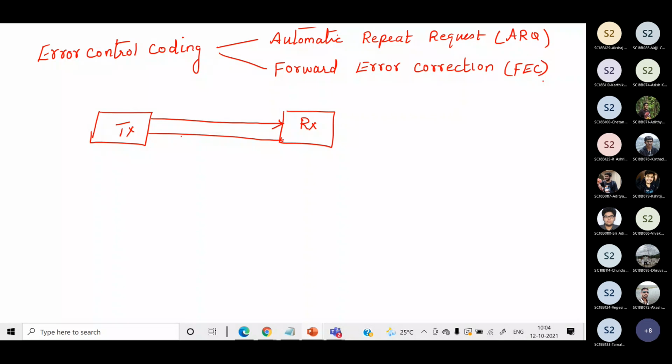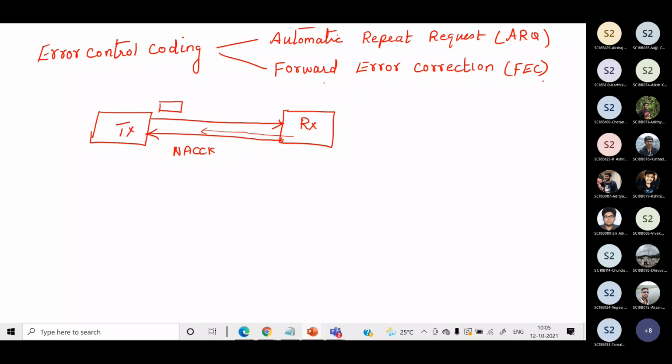If a packet is transmitted, the receiver first identifies whether any error has occurred in the packet. If it finds an error, the receiver sends an acknowledgement signal, that is NACK, meaning an error has occurred, asking for retransmission. Then the transmitter will transmit that packet once again. So this is called automatic repeat request.